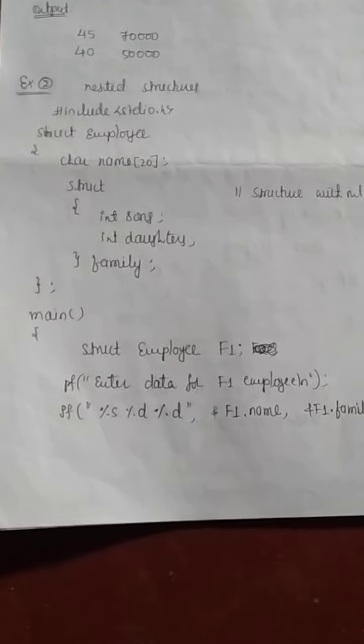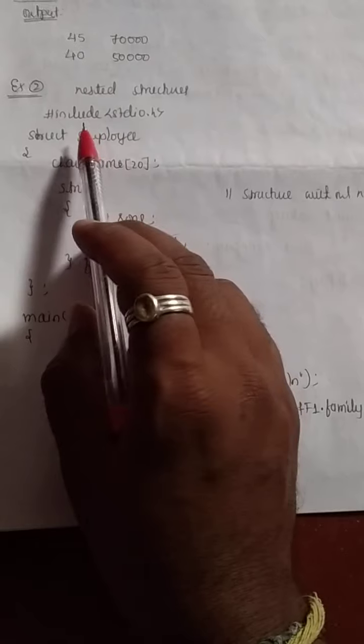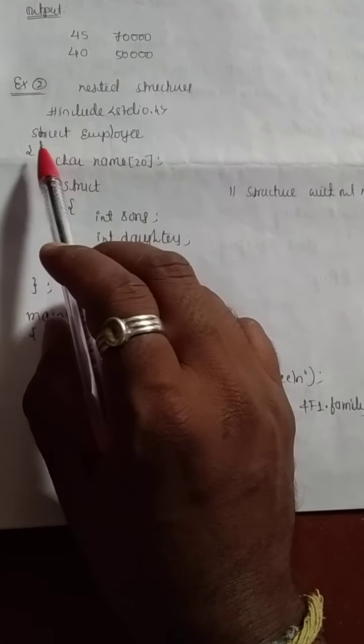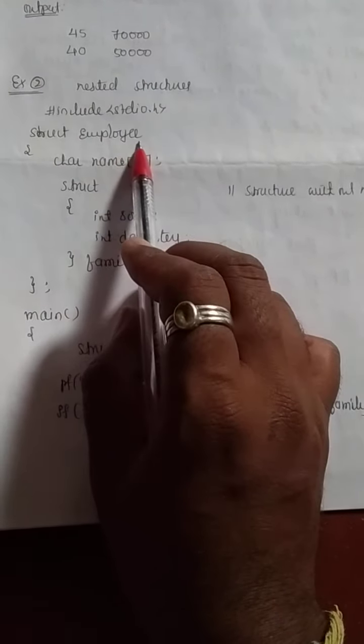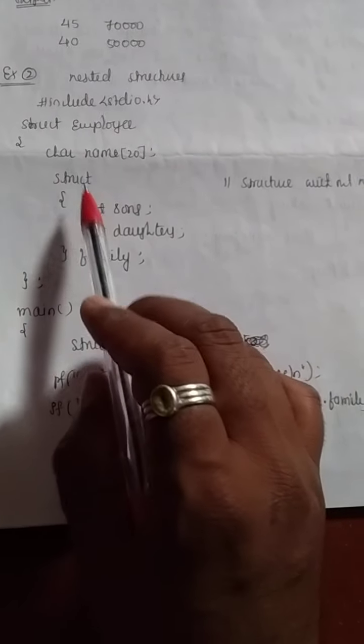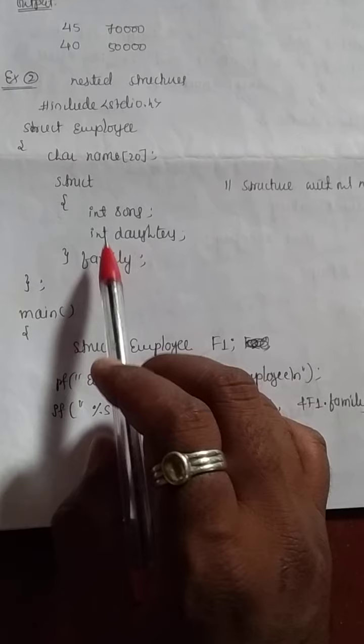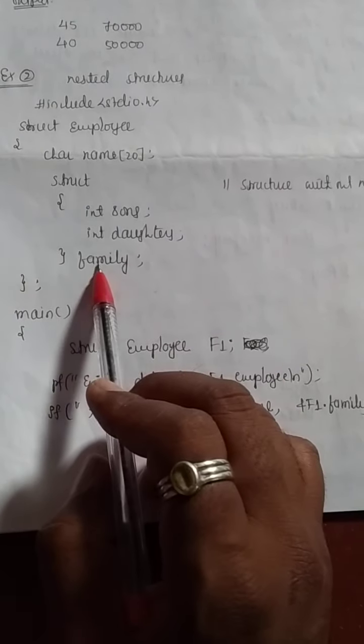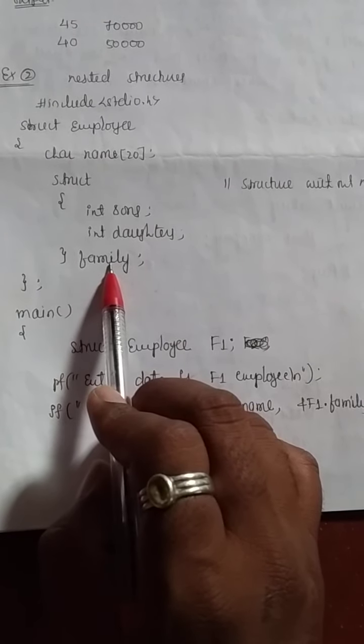Got it? So one more example we have here for nested structures. Nested structures, example 2: struct employee I am taking, with employee name, and inside this employee I am taking one more structure with two fields, sons and daughters, and the structure variable is family.